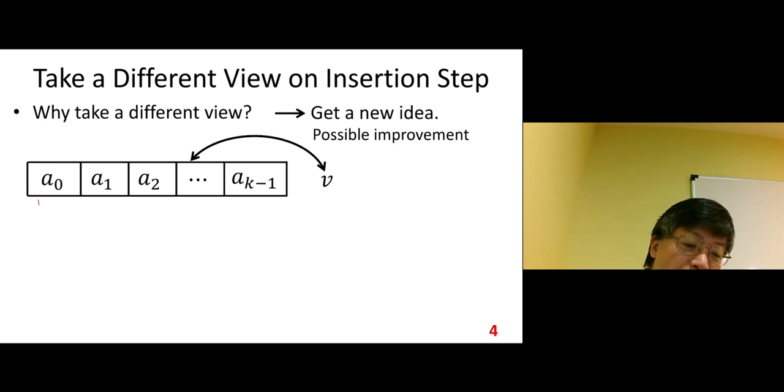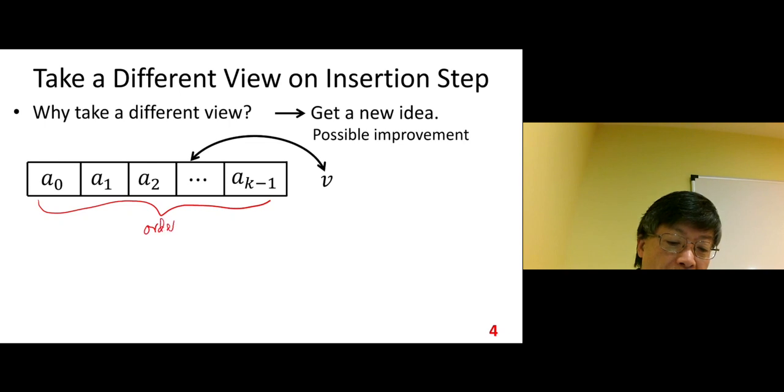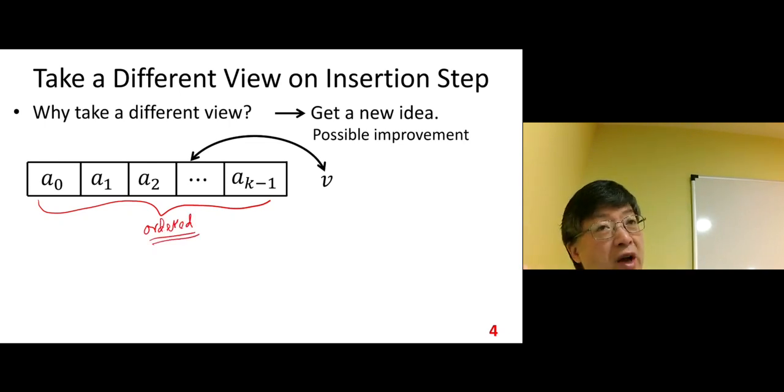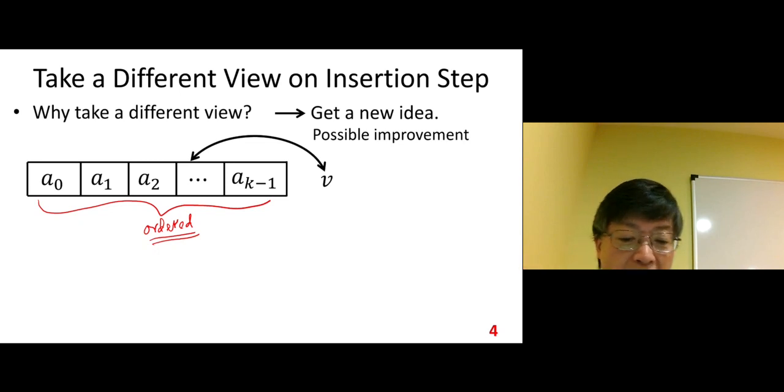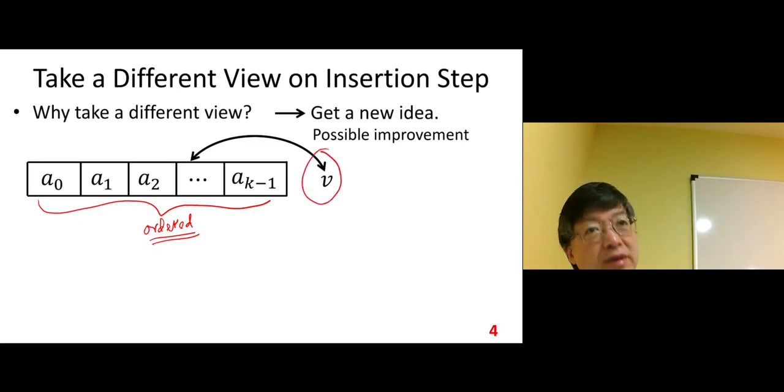In this step, we know this is an ordered array. It looks nice and satisfies our requirement. But how about this one element? Can we treat it as another ordered array?